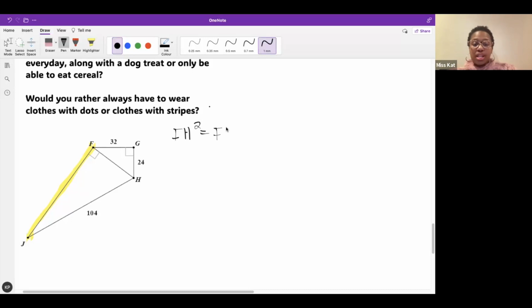Okay, FG squared plus GH squared. Let's go for it. FG is going to be 1024. And GH is going to be 576.